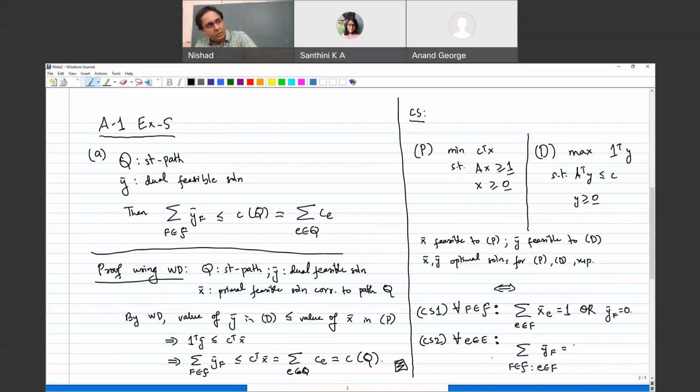Either that is exactly equal to the cost of the edge, or the edge variable is 0.